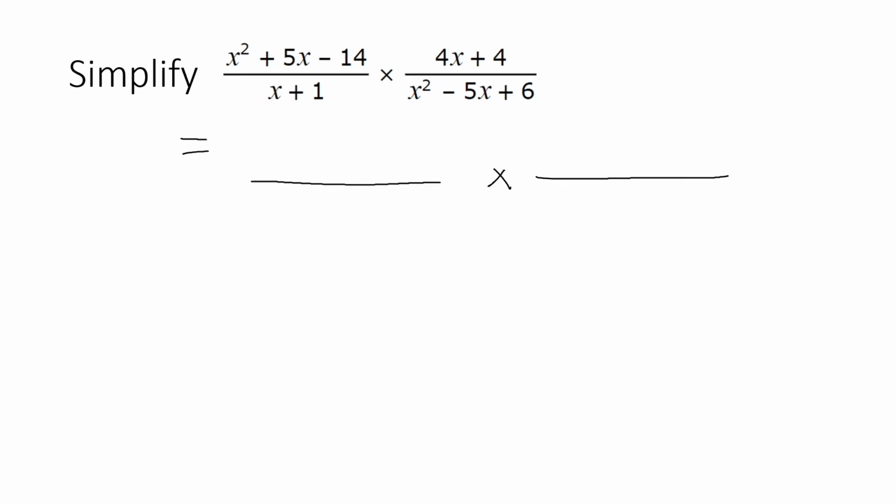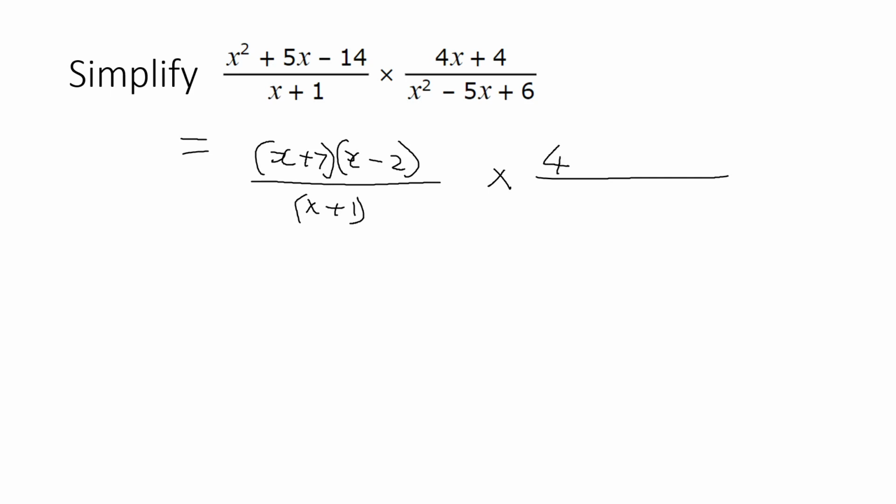times that. What is a number that adds up to make 5 but multiplies to make minus 14? 7 and minus 2. So this is x plus 7, x minus 2. X plus 1 is just going to be x plus 1. Can't do much there. What can we factor out of 4x plus 4?